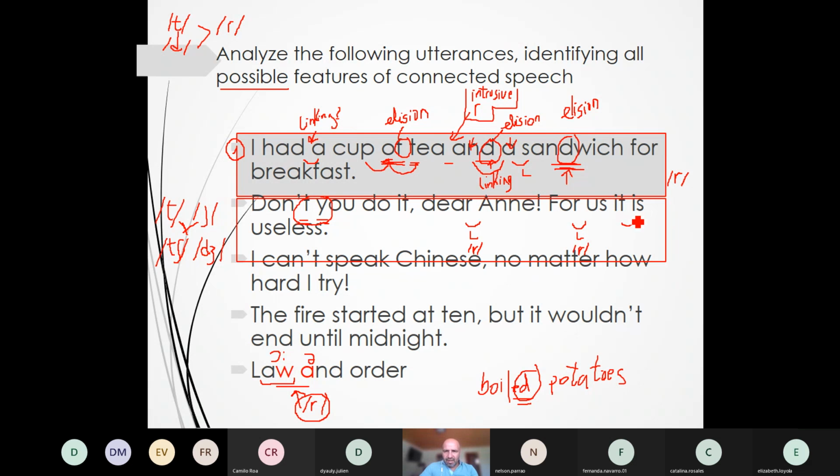Now, if we consider "it is", we need to consider that the R is inserted, so it might be inserted after the t. So it will be something like "it ris". Now the other option is that instead of saying the t, we change the t for a flap, the sound that you can find in "rather", "later", right?